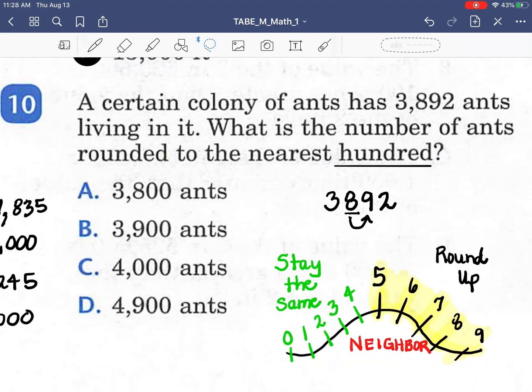The 9 is in the roundup range, so we're going to round up that 8. So it becomes a 9. The two neighbors get rounded off and the leader stays the same. 3,900 ants. Answer to number 10 is B.